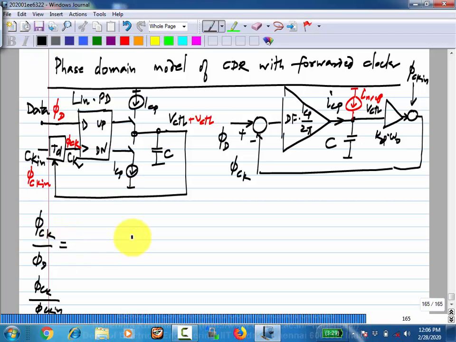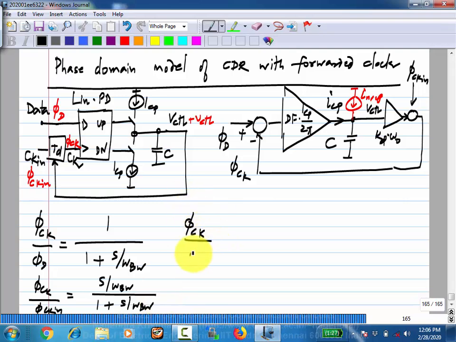And with this was a low pass transfer function. This was a high pass transfer function, and this was also a low pass transfer function, right?